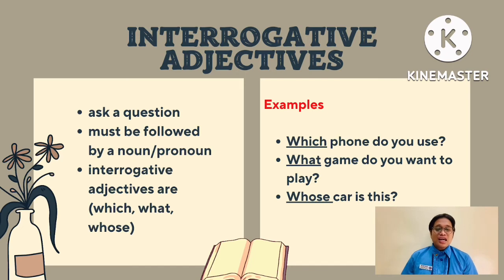So as you can see, it is a type of sentence which asks a question. Okay, next we have, whose car is this? So the interrogative adjective used in this sentence is the word whose that describes the noun car. So that is interrogative adjective.